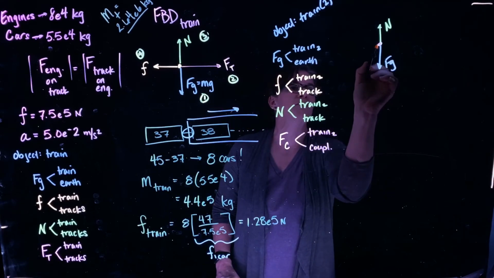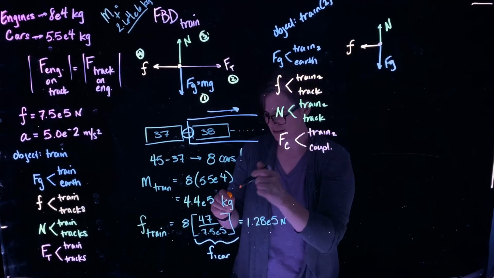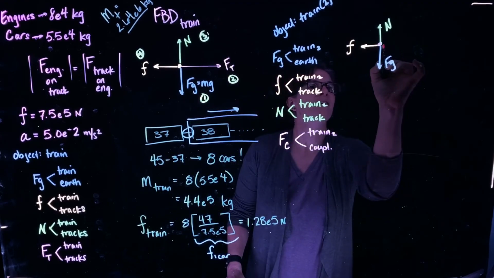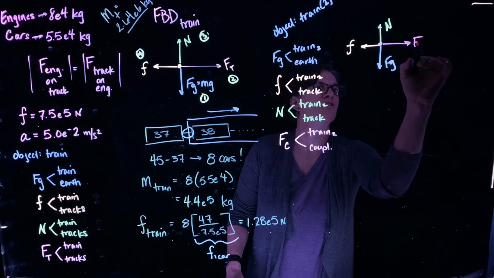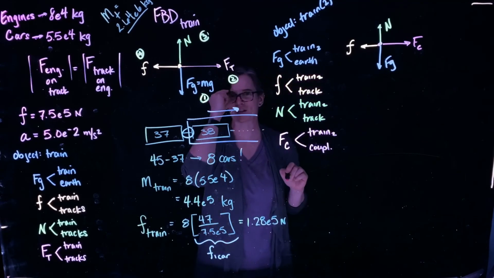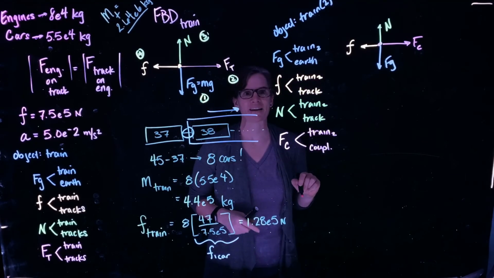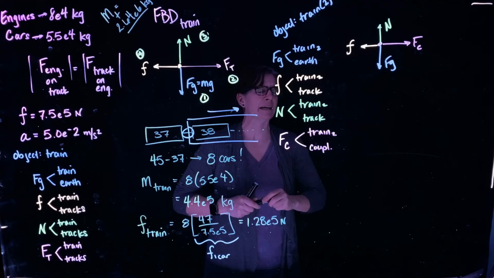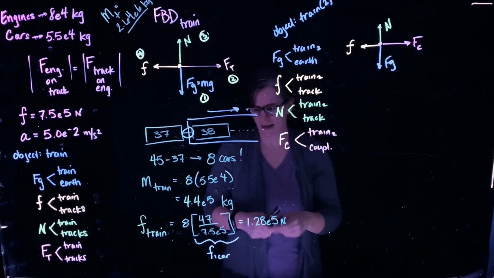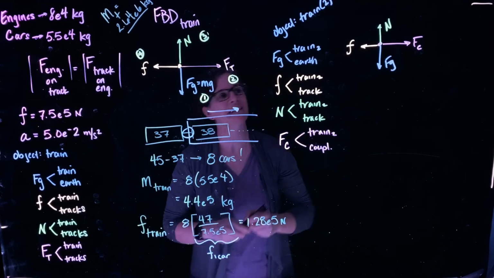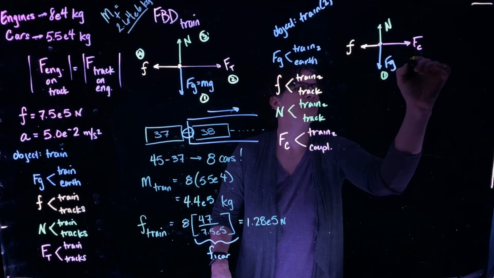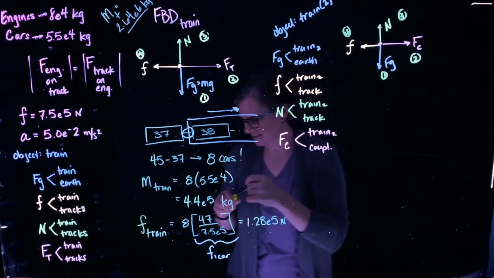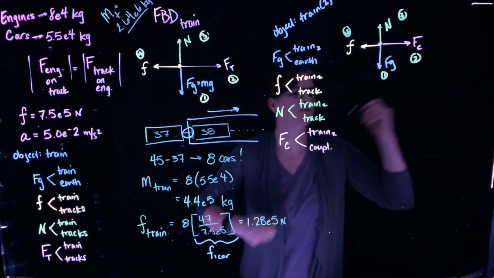Our frictional force is opposite the motion, and that coupling is going to be in the direction of our acceleration in this case, because that's what the train is doing. All right, so same concept as we did before. We're going to break these up into their horizontal and vertical components and analyze them looking for that coupling force.